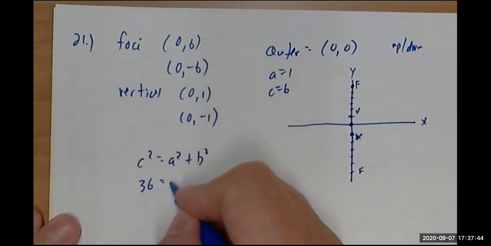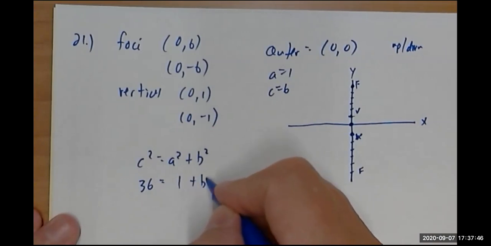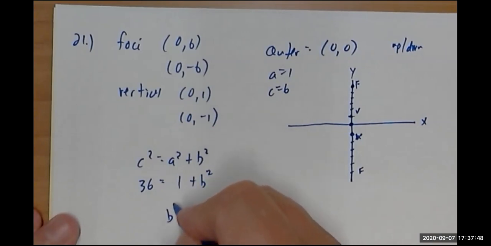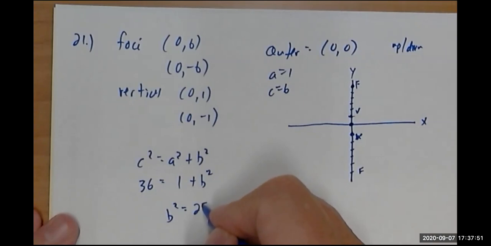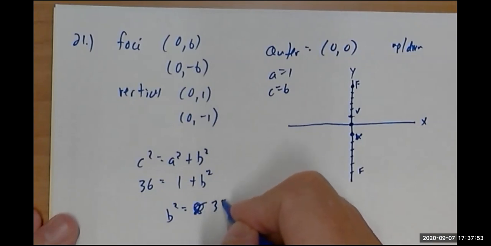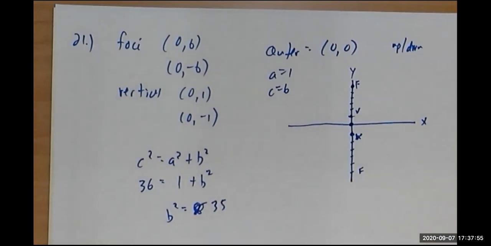So C squared's 36, A squared's 1 plus B squared. Looks like B squared is 35. And I think now I have what I need to write the equation.